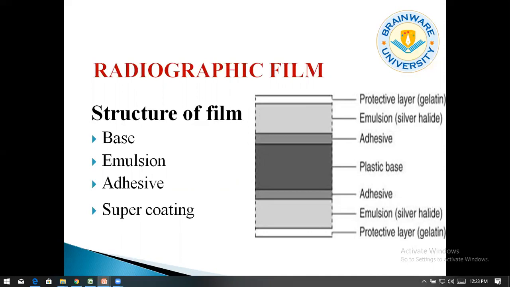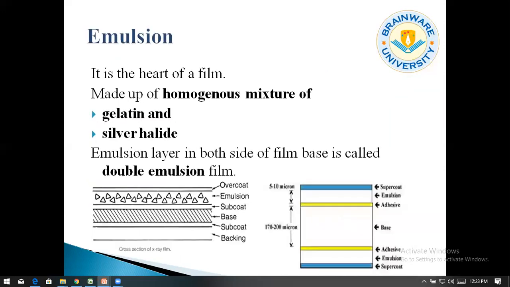Our main focus today is the emulsion layer. So what is the emulsion layer? The emulsion layer is basically a photosensitive layer that is sensitive to light photons or X-ray photons. The emulsion layer is made up of silver halide crystal.